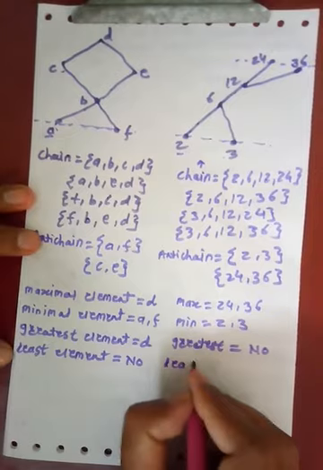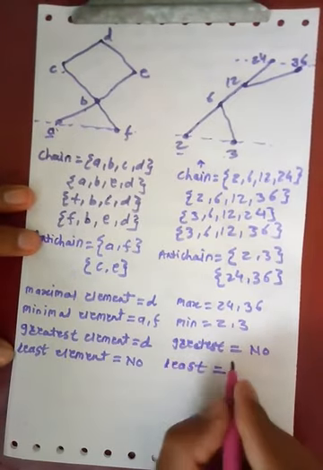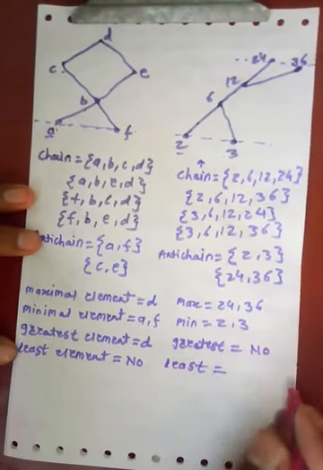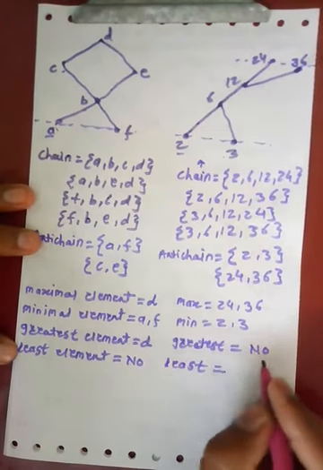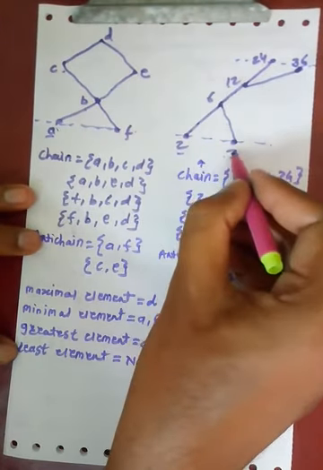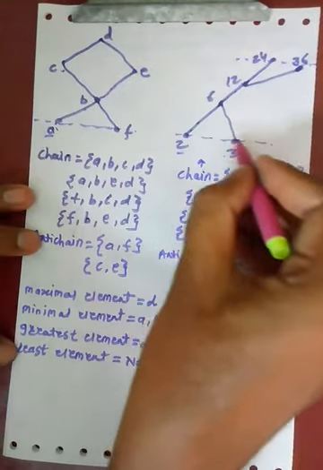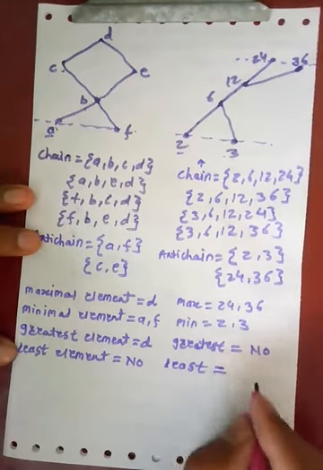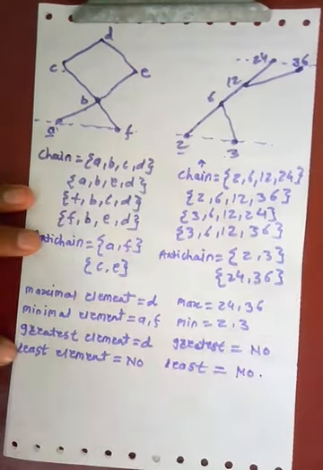And again the least element is the single element at the lowest level, but here 2 and 3 are the two elements at the same level, so there is no least element.